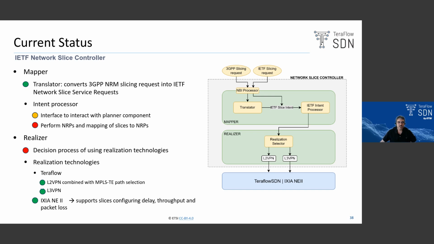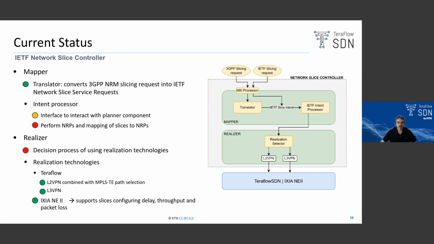In terms of the intent processor, we have a preliminary partial implementation of the interface to interact with external planner components. That means the component can offload to an external planner some particular details on deciding what to do with which resources. What is pending is performing the network resource planning and the mapping of these slices. So it's a work in progress, as I was mentioning.